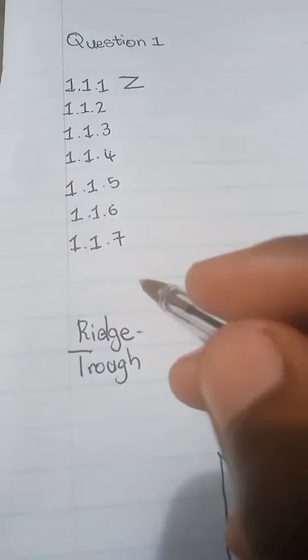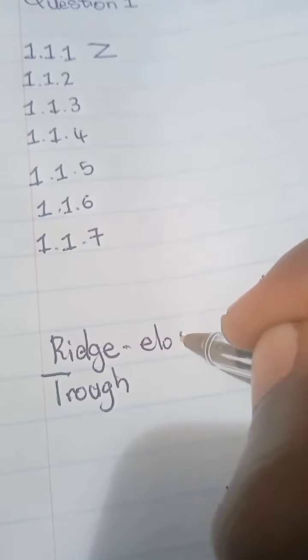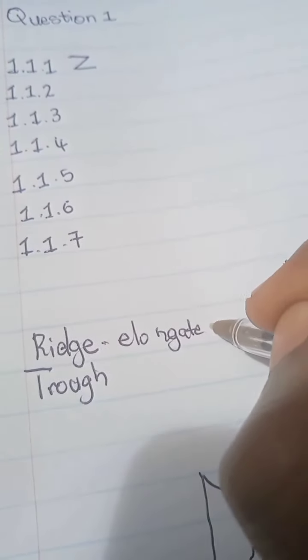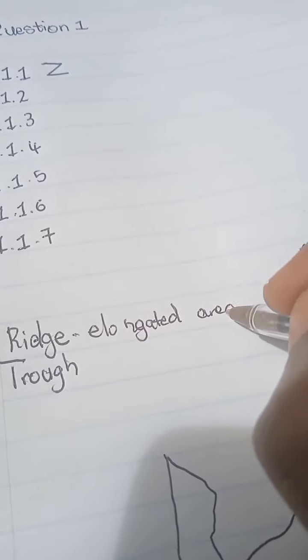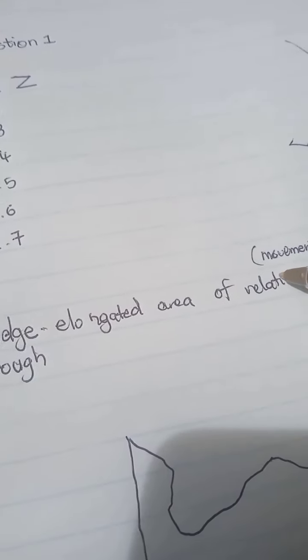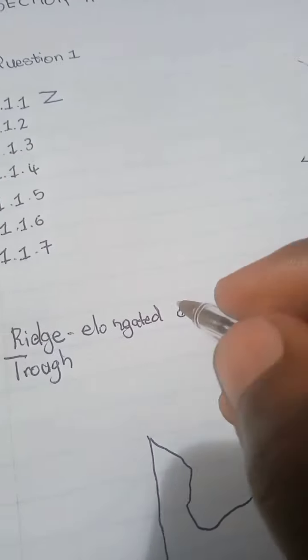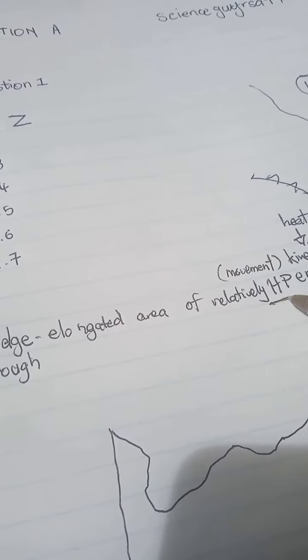So a ridge, okay, is an elongated area of relatively high pressure.